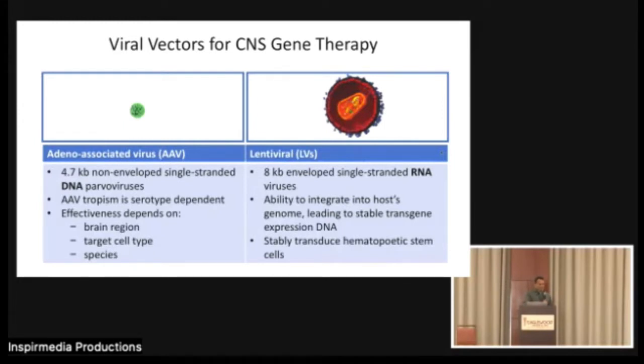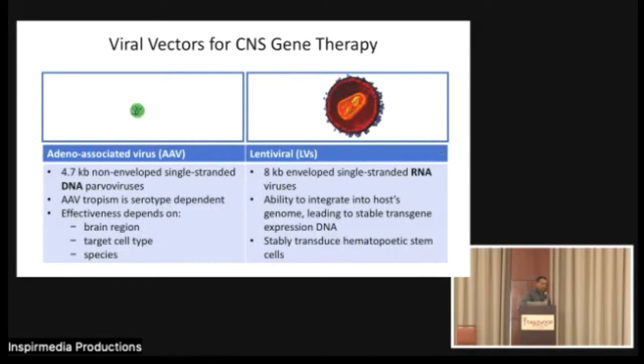But here it's around the nature and personality of these viruses. And the AAV virus has a particular property of liking to go to the nervous system. And so it can go to different parts of the brain.